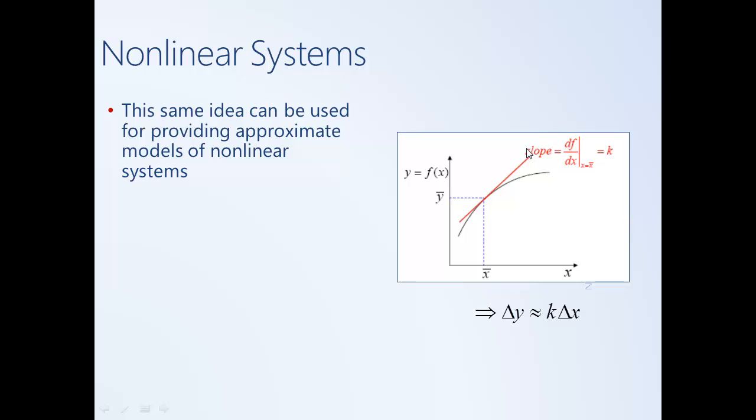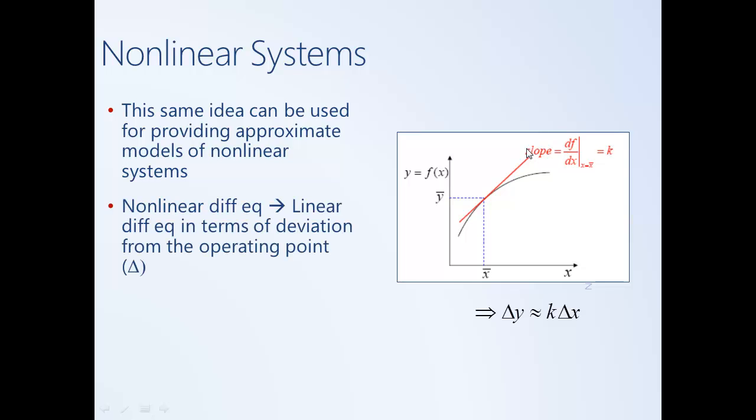In particular, we can take a nonlinear differential equation and approximate it as a linear differential equation in terms of deltas, in terms of the deviation from the operating point. This is analogous to what we did with the function, where we took a nonlinear function and approximated it as a linear function in terms of deltas. We can do the same thing with the nonlinear differential equation.